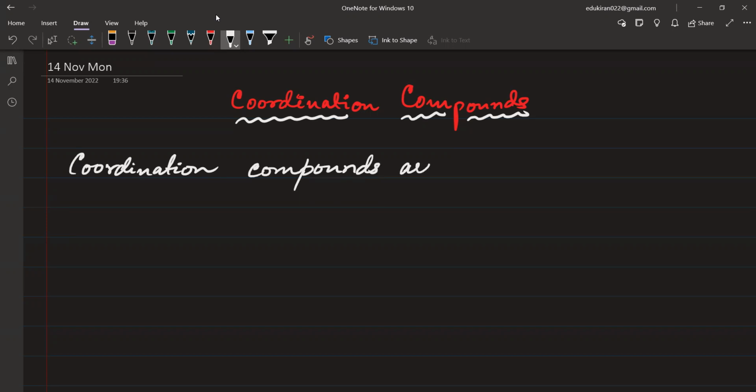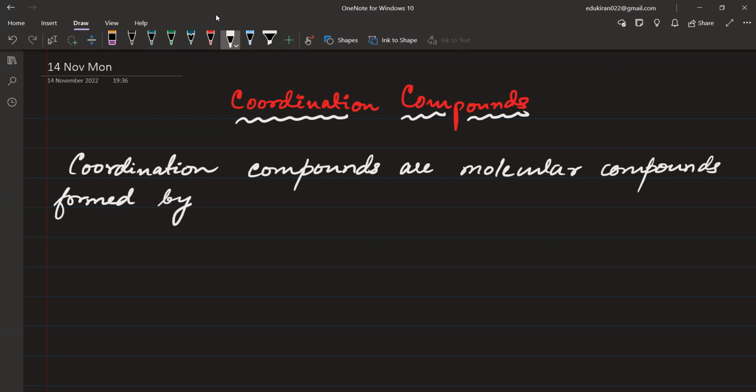are molecular compounds formed by combination of two or more simple stable compounds.